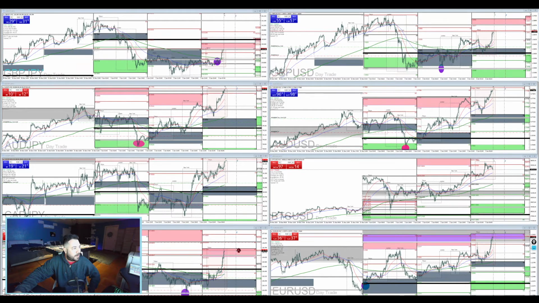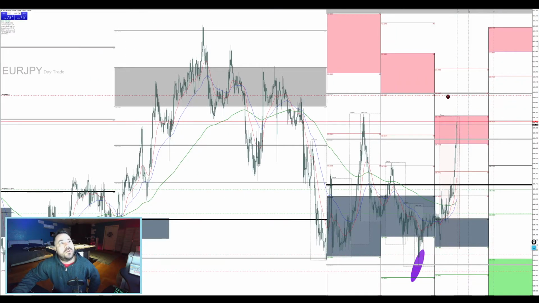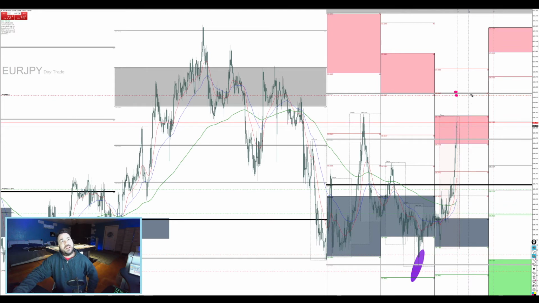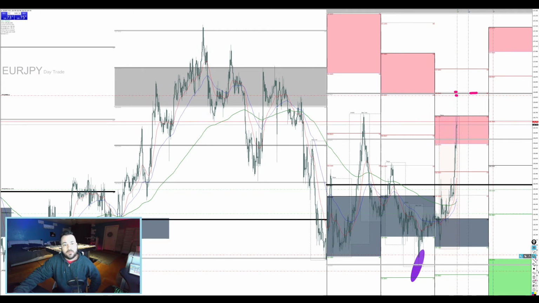So yeah, I am holding out right for the M5 here. I'm gonna double check that. Okay, yeah, this is my M5 right here, and this is my take profit right there, and this is the weekly resistance level. So yeah, I feel comfortable with that. We'll keep that right there, and then maybe tomorrow it's going to be up here, if that target doesn't get hit.